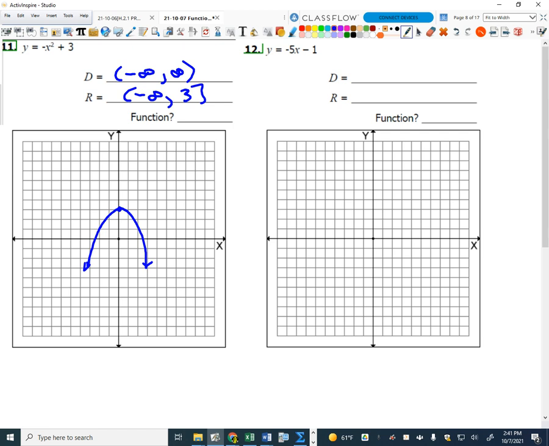This one, what can you tell me without even graphing it? What kind of function is this? What's that graph going to look like? Y equals -5x minus 1. Is it a parabola? Is it a cubic? Is it a line? It's a line, isn't it?